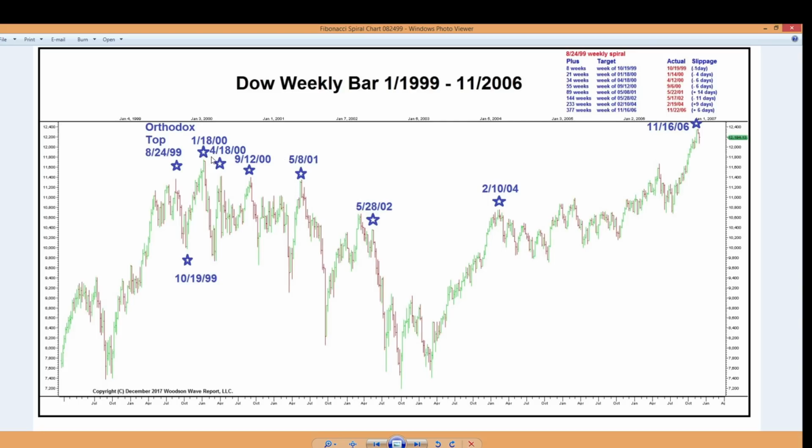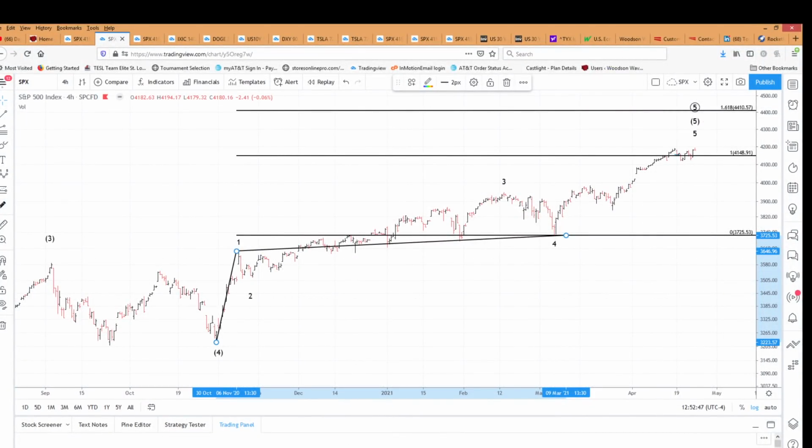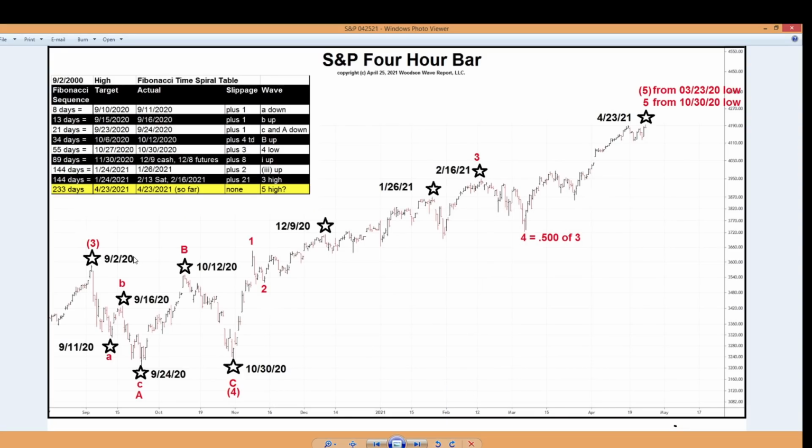Okay, so that gives reference to the chart we're going to do now, which is the one, here it is, from the September 2020 high, which again isn't the actual high, but the market is turning on it. As you can see in our Fibonacci sequence, it has caught a series of alternating lows and highs.